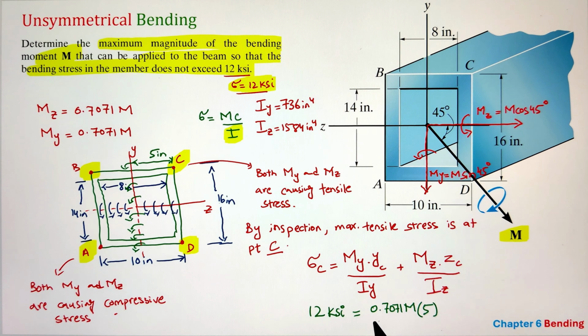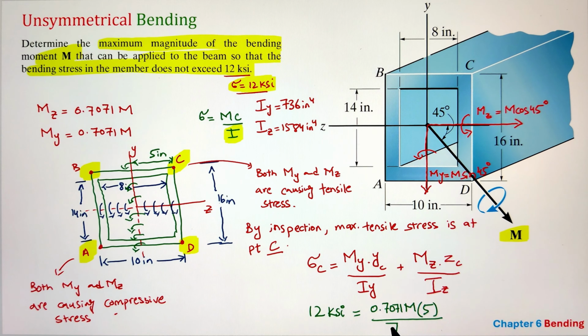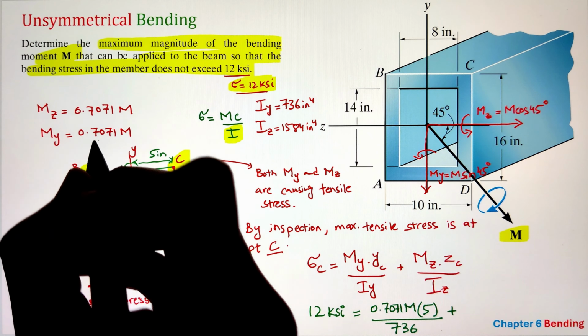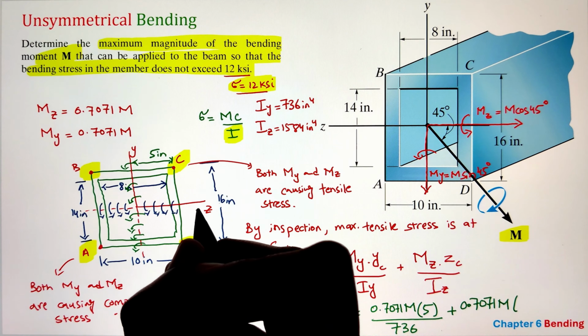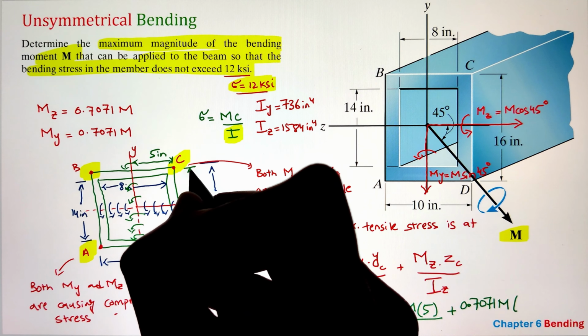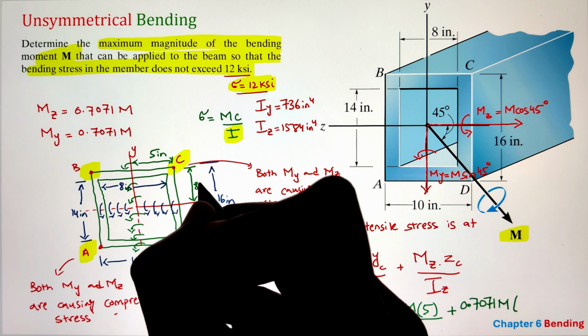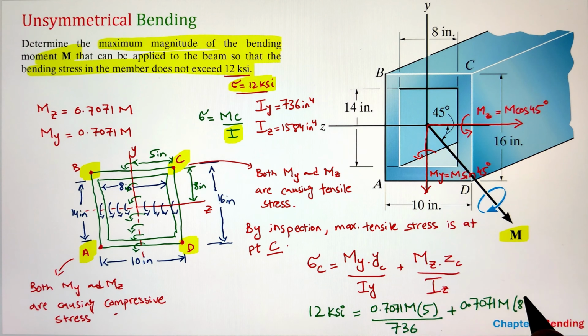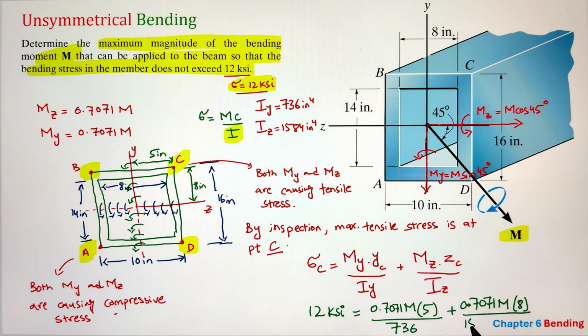In this case it's coming as 5 inches divided by the moment of inertia about the y-axis of 736, plus the value of Mz, that is again 0.7071 times M times zC, that is the distance from the z-axis to point C. In this case the value is 8 inches divided by Iz, that is 1584.